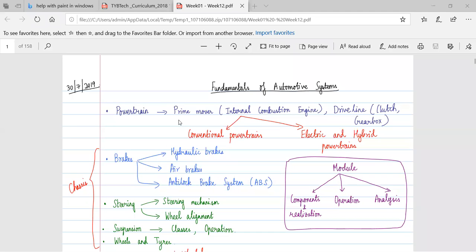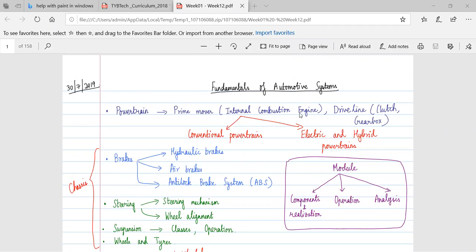The main backbone, we can say, is the powertrain. Powertrain is nothing but the prime mover, which moves the vehicle. To move the vehicle, we need power, and that power is generated through an internal combustion engine. You'll see there are different types of engines available, and how those engines are used in automobiles to get mobility.